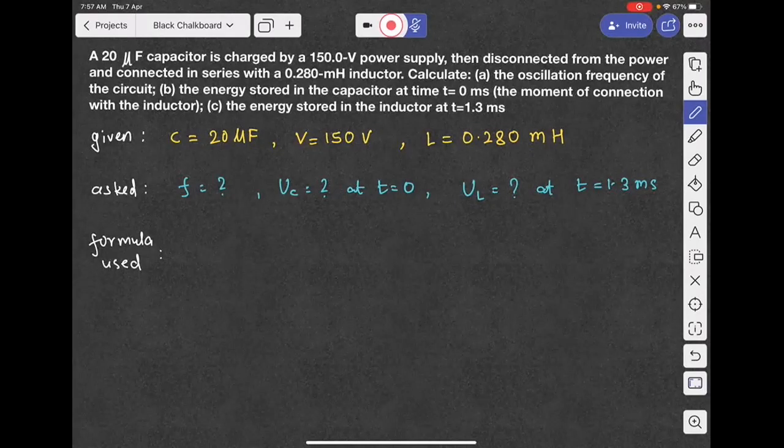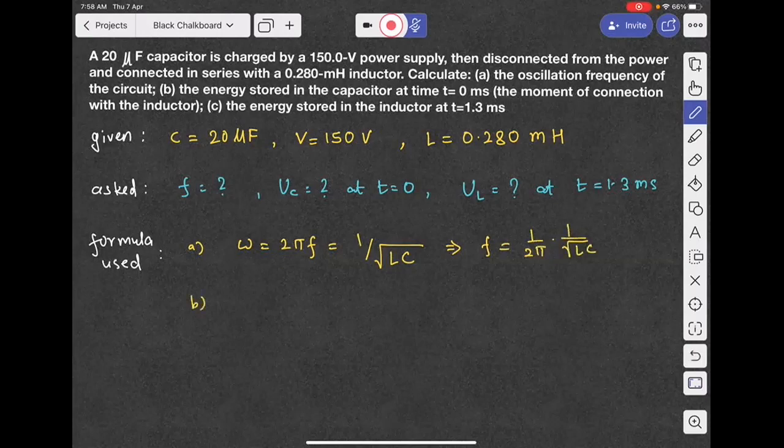What is the equation that we are going to make use of? First, in A part, we will be using the oscillation frequency equation, where we know omega, which is equal to 2 pi f, which for an oscillatory tank circuit is given by 1 upon root of L into C. It will make our f to be 1 upon 2 pi into 1 upon root of LC.